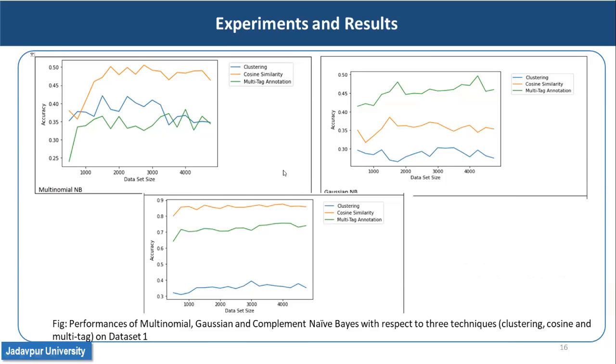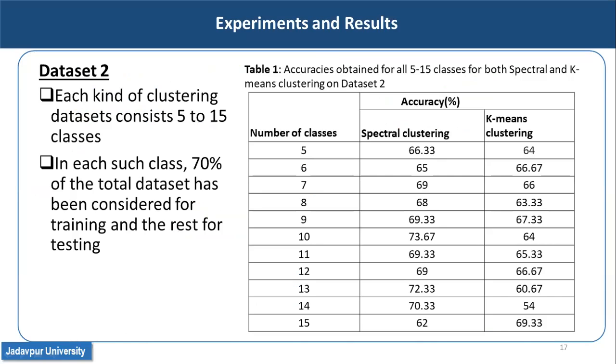So we find that cosine similarity is generally better. Multitag can be better for Gaussian naive Bayes, but the best results have been given using the cosine similarity, with accuracy higher than 0.8.